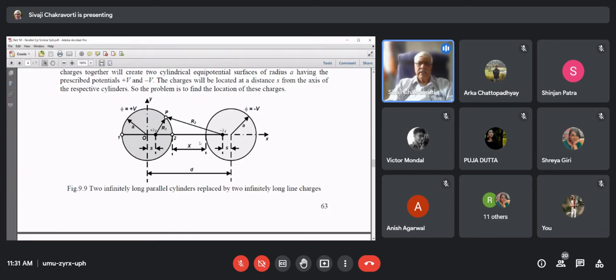The answer is, in this case, we don't go by the point charge, we go by the line charges. So there are two line charges we are considering.